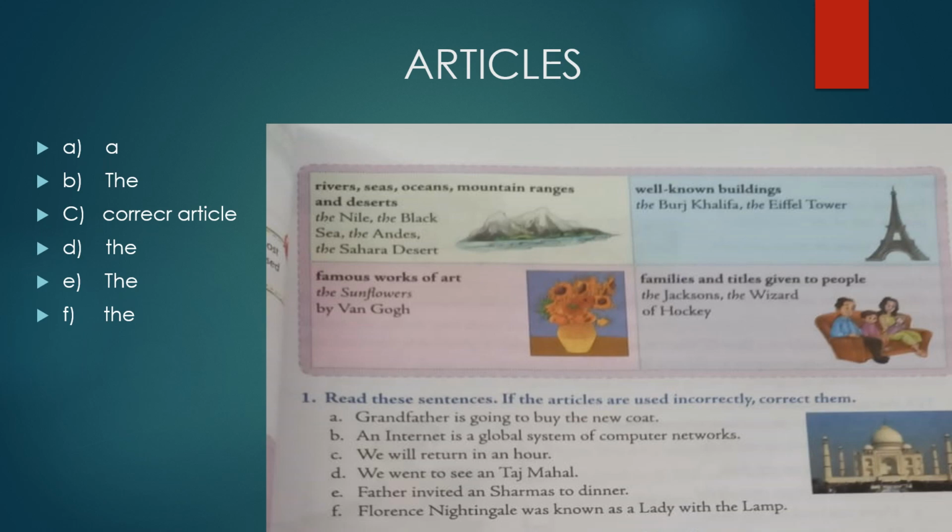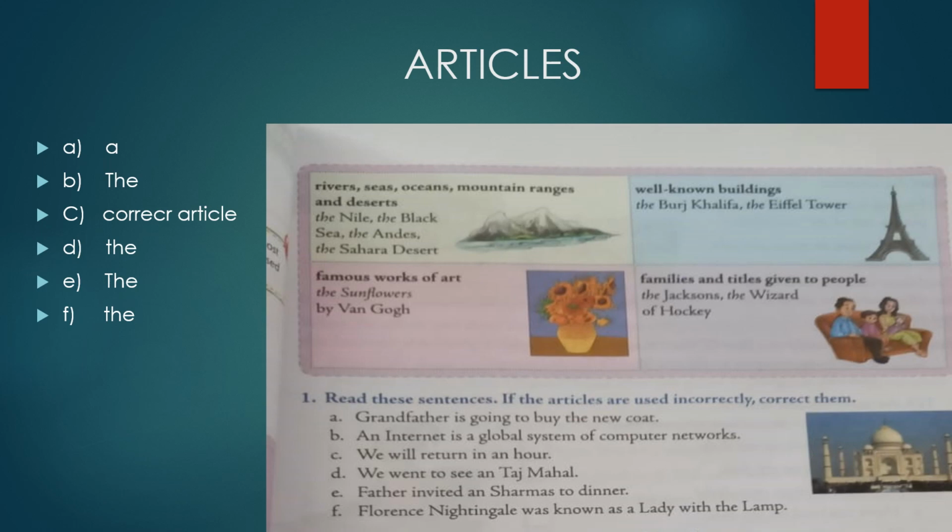This is a unique kind of thing, so with internet we will put here the. Why? Because it refers to the one unique thing of its kind. So in the place of an we will put the. The internet is a global system of computer networks.